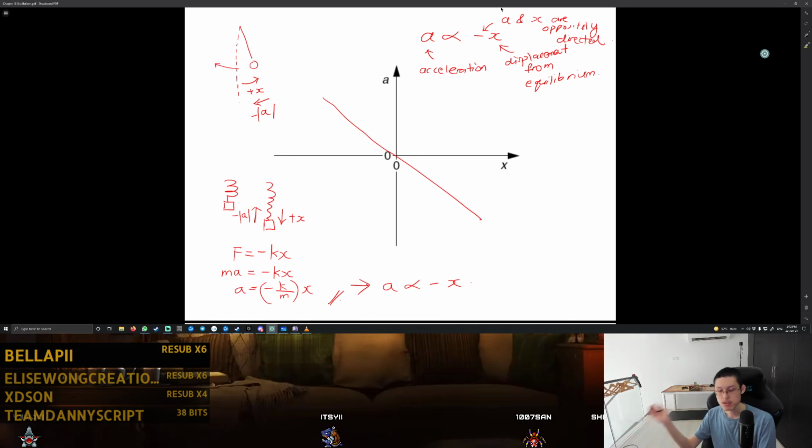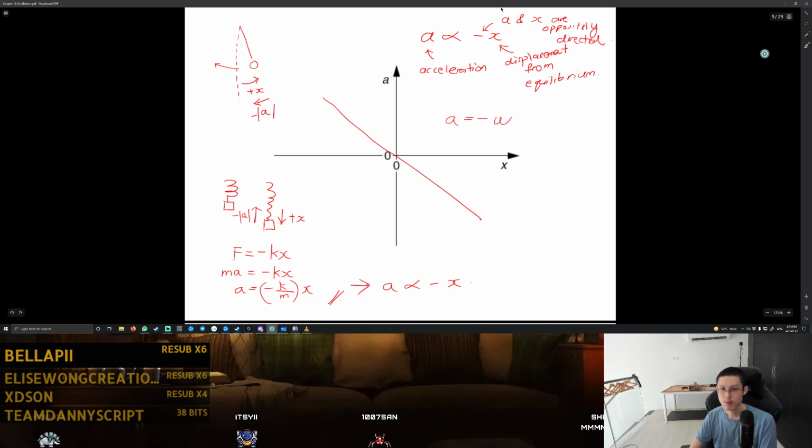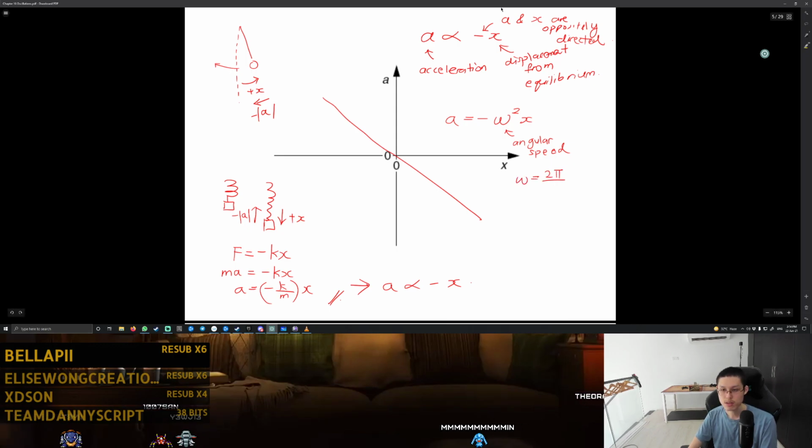But we haven't done that yet, and some of you are not even taking further math, so you just have to take my word for it that if you work this out, eventually you will get a equals negative omega squared x, where omega is the angular speed, similar to the one that we did in chapter 1 of A2. Remember that omega is 2 pi over T. T is the period.